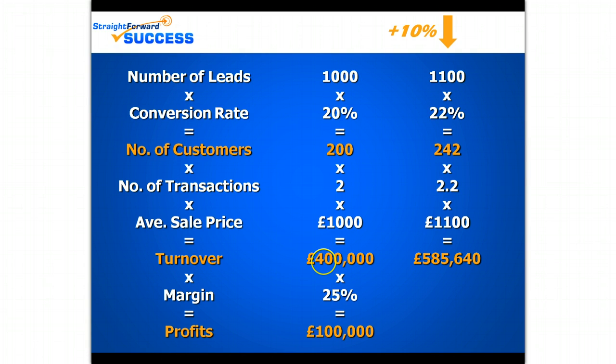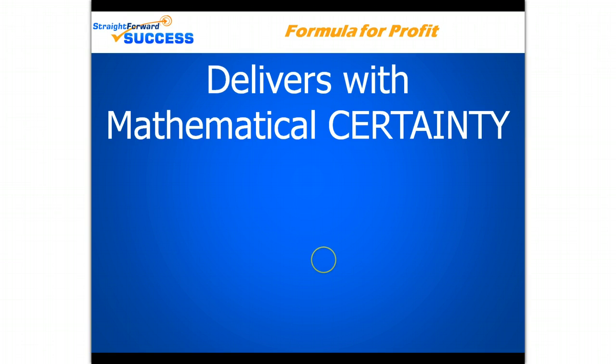Add in the 5th of the 5 components and increase that just by 10%, and your bottom line figure goes up by a whopping 61%. So just by increasing by 10% in the 5 key areas in this formula, you increase your bottom line by 61%. It delivers with absolute mathematical certainty.